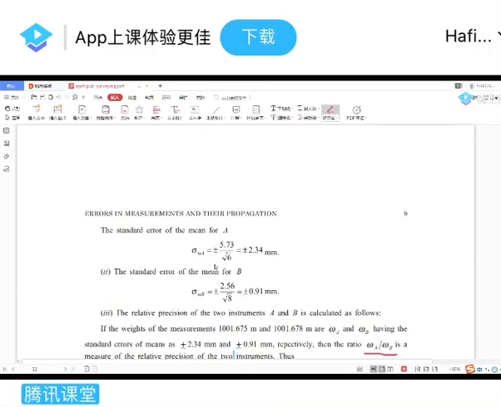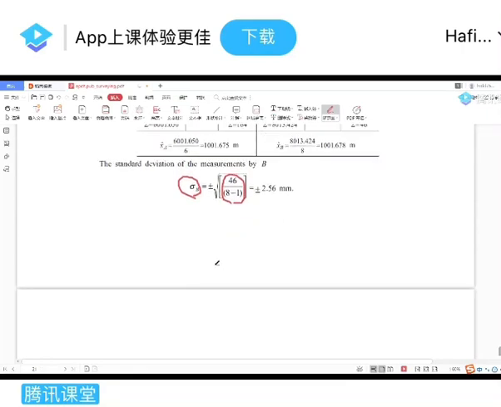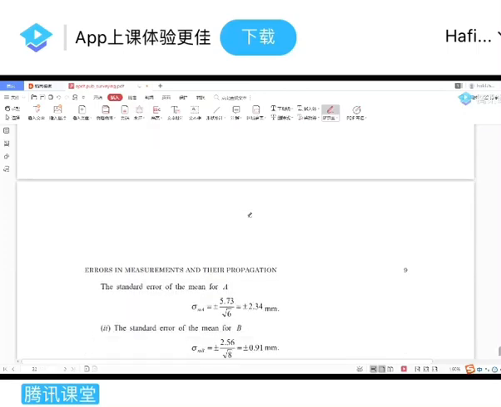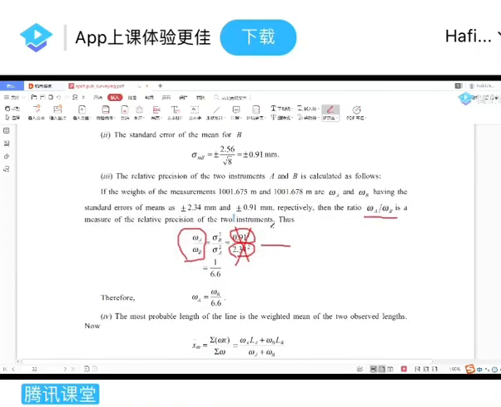So now sigma B, where is sigma B? Sigma B square indeed is the one I circled. So 46 divided by 7 is sigma B. You don't need a square root here because you have a square, so the square root cancels out.